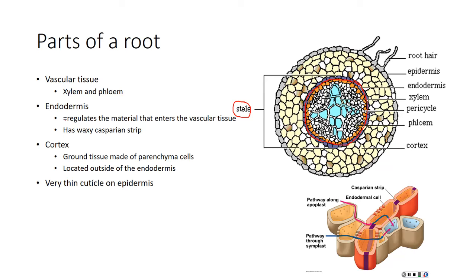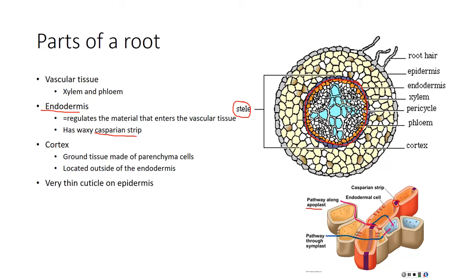This endodermis has a waxy layer called the Casparian strip, which you can see right here in the purple. What this Casparian strip does is it forces water and anything that is in that water to have to go through the cytoplasm of the cell rather than just get sucked through the cell walls. Because with these cell walls, the water can just make its way along what we call the apoplastic pathway, not going through the actual cell, but making its way through the cell walls.